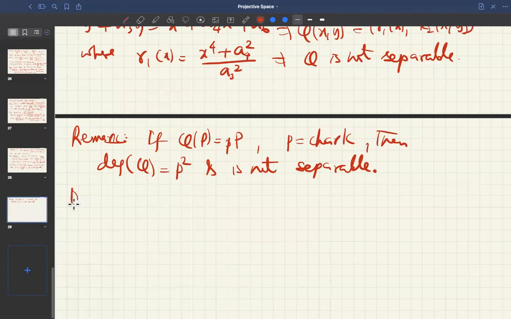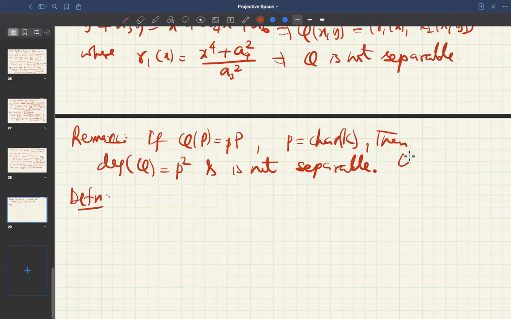So another definition which is very important. Sir, what have you written in the first line? Okay, so if phi of P is p times P, then instead of doubling, it is k times P, where k is equal to p here. So you're adding P, p times. Is it not clear?